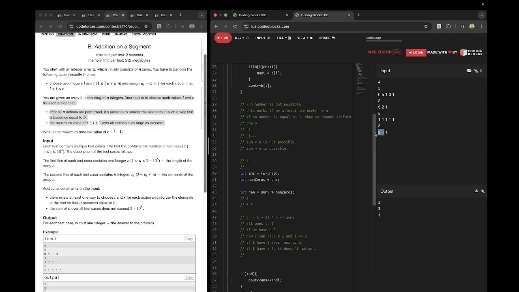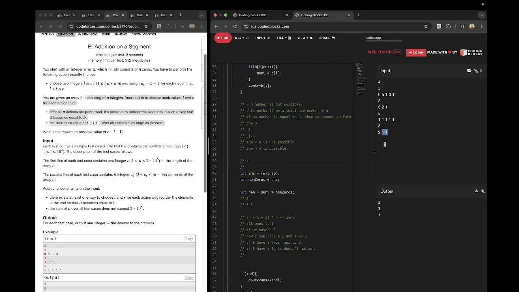But if I do it like this, 1 1, then 2, and then 1 here, and then 1 here, or let's just say I cannot take a jump.